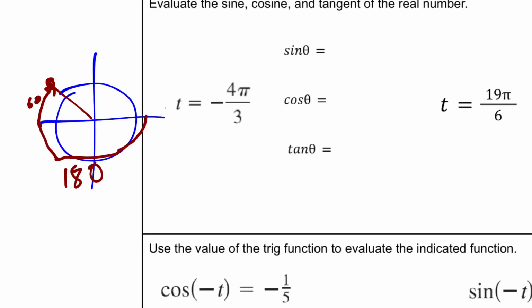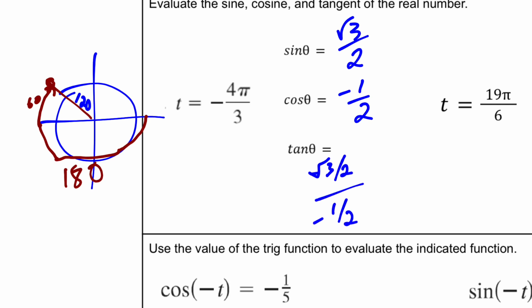That means if we were looking at our unit circle, we're looking for 120 degrees. And we can see that our y value there is root 3 over 2, and our x value is negative 1/2. To find the ratio of those, we could put root 3 over 2 divided by negative 1/2. The halves cancel out, and the negative kind of goes to the top.